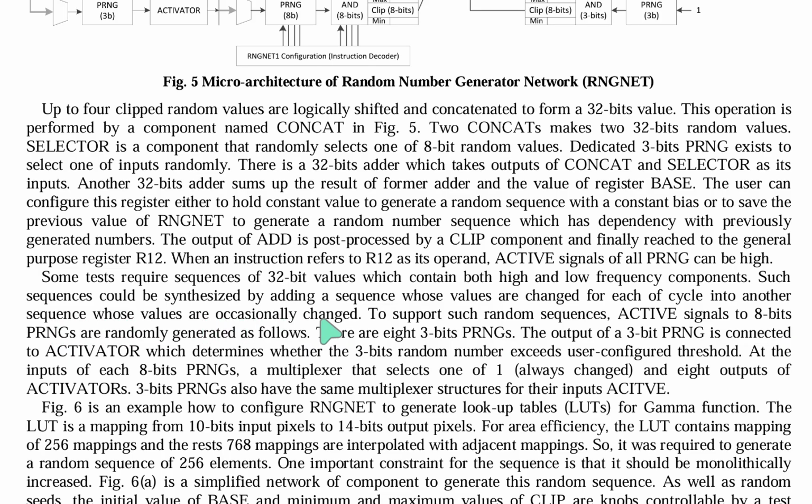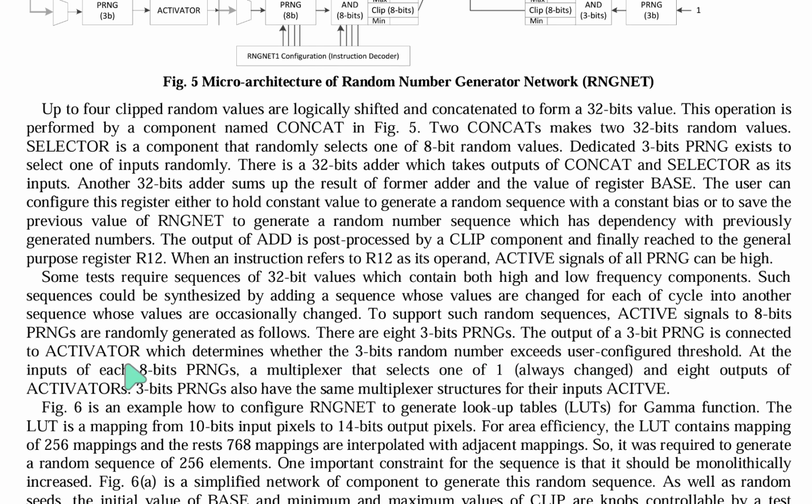are occasionally changed. To support such random sequences, the active signals to the 8-bit PRNGs are randomly generated as follows. There are 8 3-bit PRNGs. The output of a 3-bit PRNG is connected to activators, which determine whether a 3-bit random number exceeds a user-configured threshold.